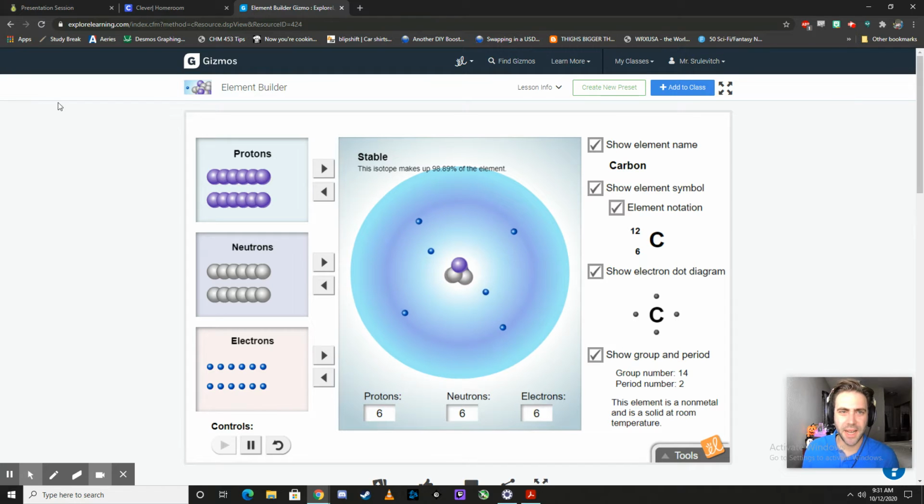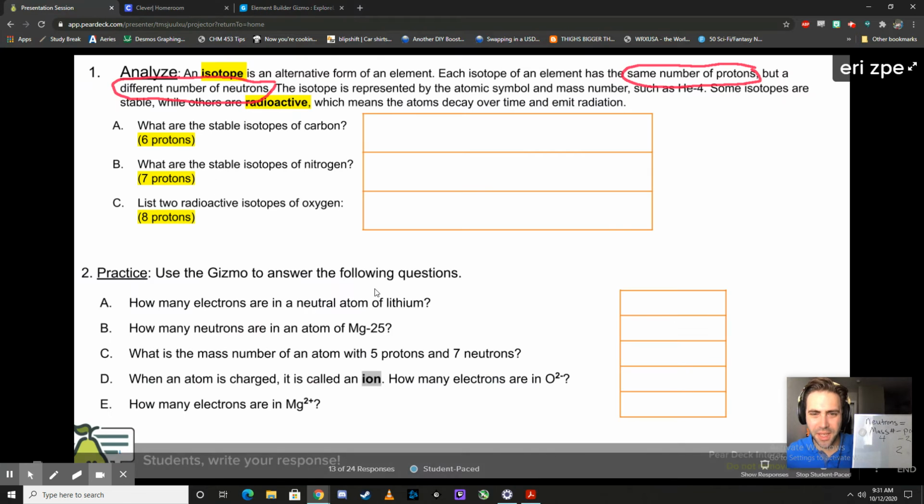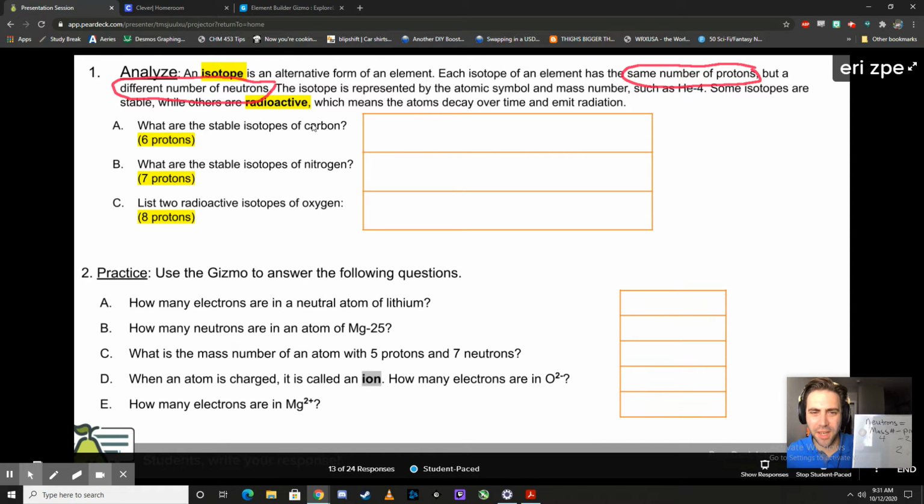How do we know this is an isotope, Mr. S? How do you know this is an isotope? It says right there, stable. This isotope makes up 98.89% of the element. So this is an isotope of carbon. And then you would just write C-12.